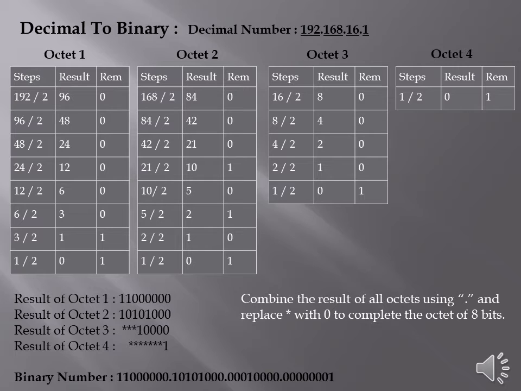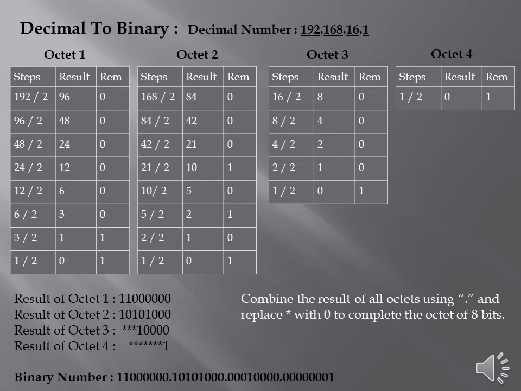So 192 by 2 results in 96 because it is exactly dividing the number, and remainder would be 0. 96 by 2 in the second step, result would be 48, remainder 0. 48 by 2, result 24, remainder 0. 24 by 2, result 12, remainder 0. 12 by 2, result 6, remainder 0. 6 by 2, 3, 0. 3 by 2, result 1, remainder 1.